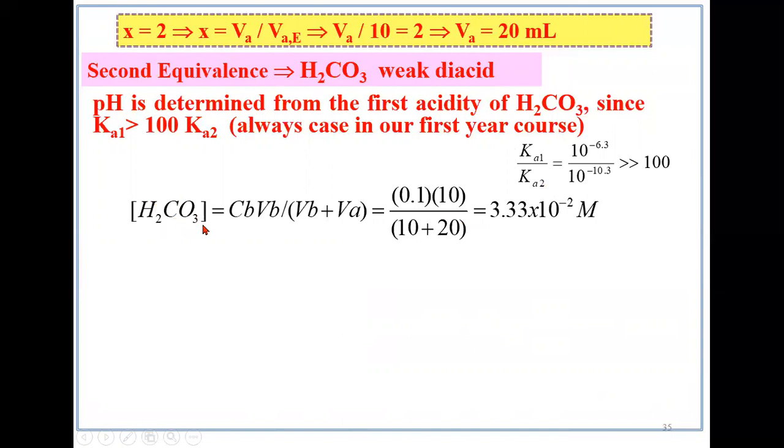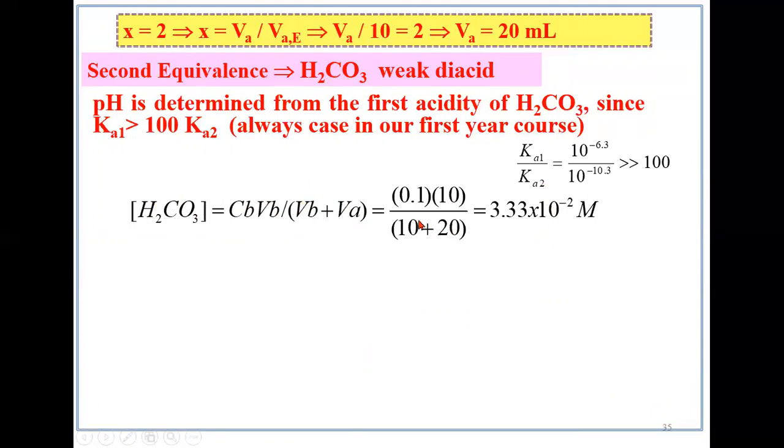The concentration of this diacid H2CO3 is going to be CbVb, because all of the base got converted to this acid, divided by the total volume of the base and the HCl added, which at that second equivalence is 20 mils.